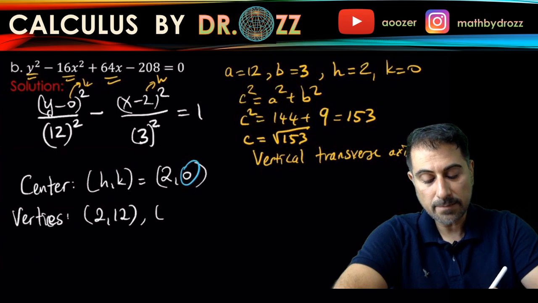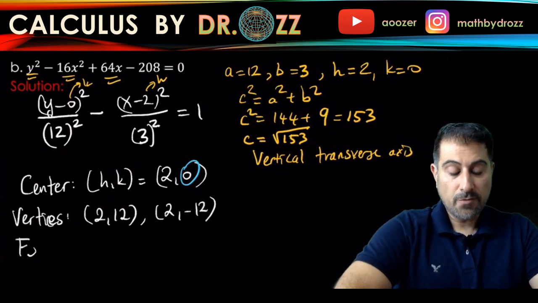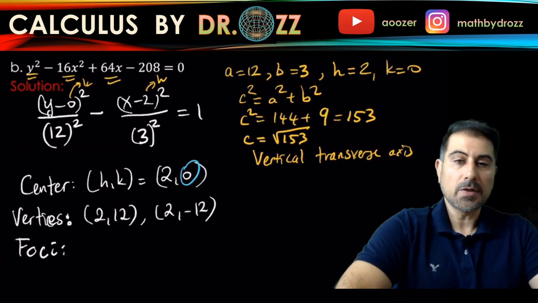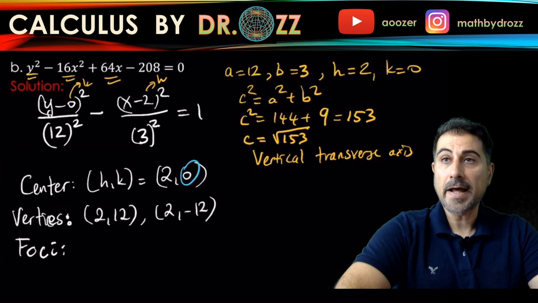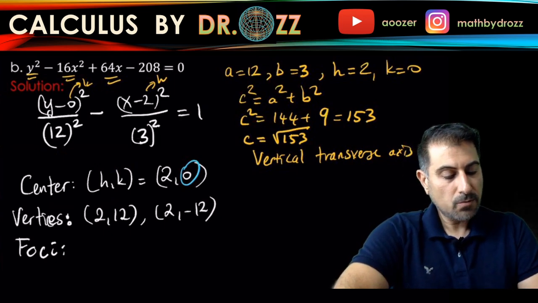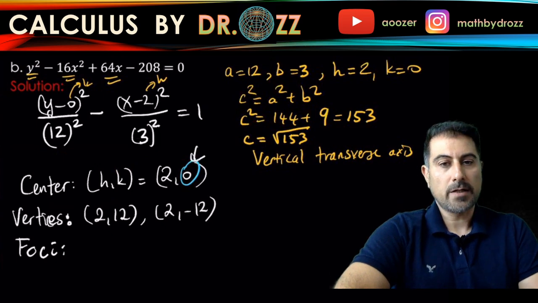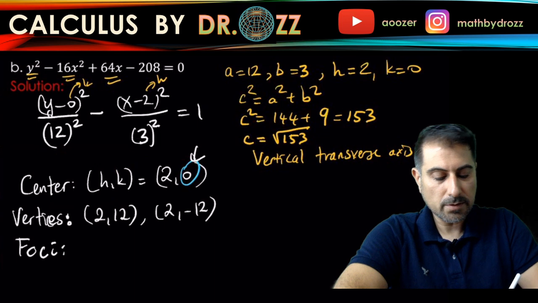How about the foci? The foci are c units apart from the center, and c is radical 153. So I'm going to add radical 153 and subtract radical 153 from the y coordinate over there.